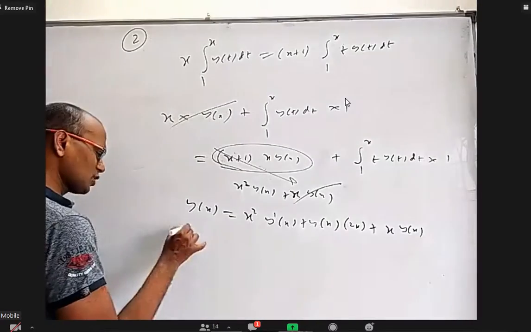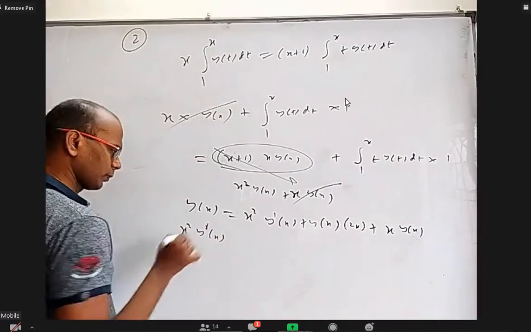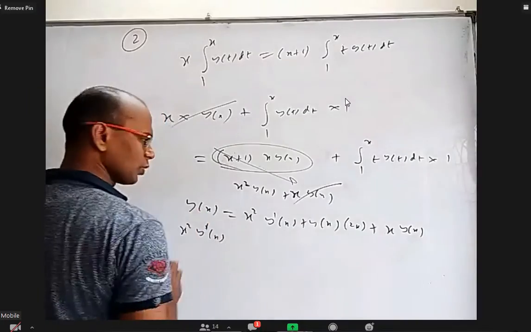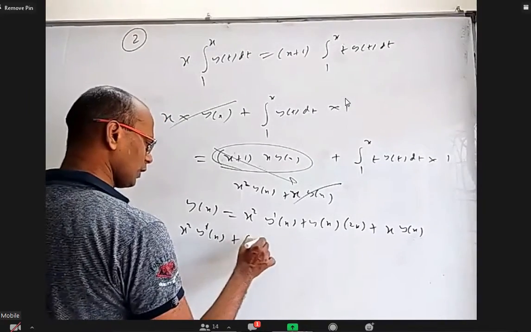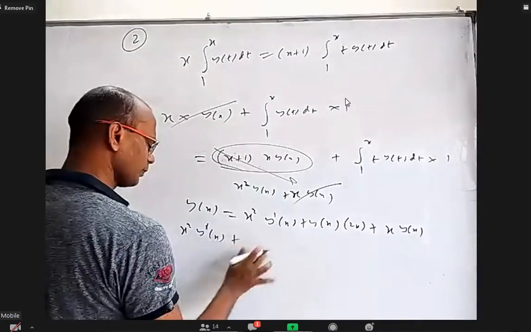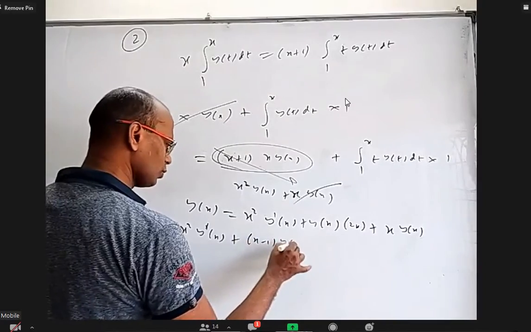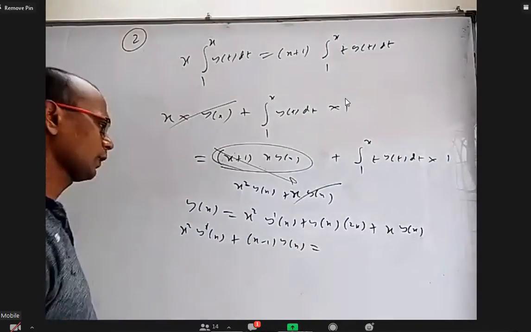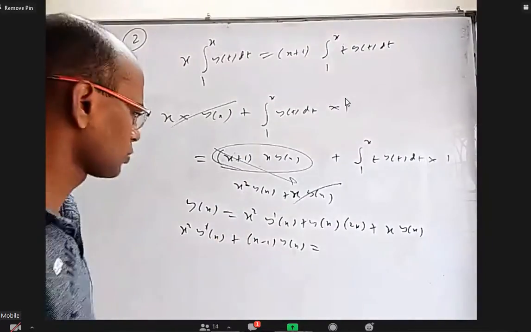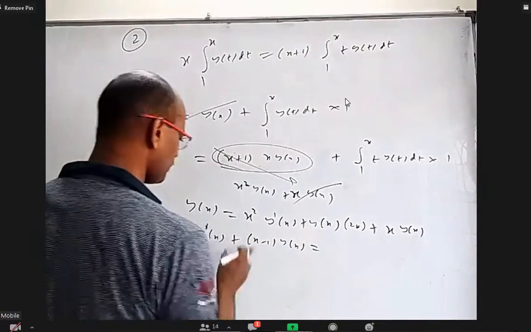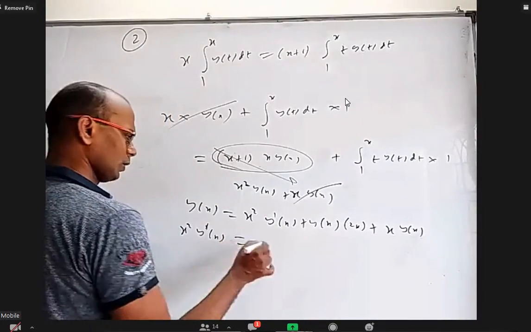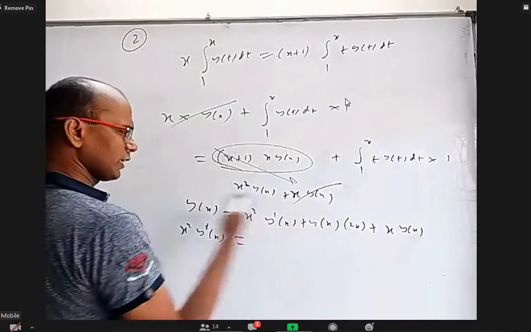So I got x square y dash x. This and this put together, I'm taking to the other side. So (x minus 1) into y(x). There's a y here also. Maybe it's variable separable. This one here, everything else this side.